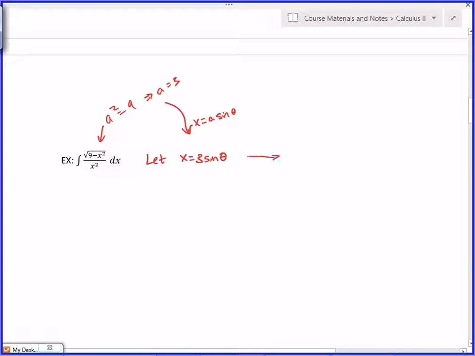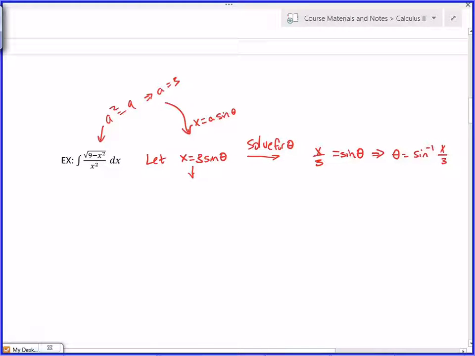Yeah, so let's do this. In fact, we should do it both ways every time. Once this thing is solved for x, let's solve it for theta before we do anything else. So that's x over 3 equals sine theta, which means theta is the arcsine or inverse sine of x over 3.